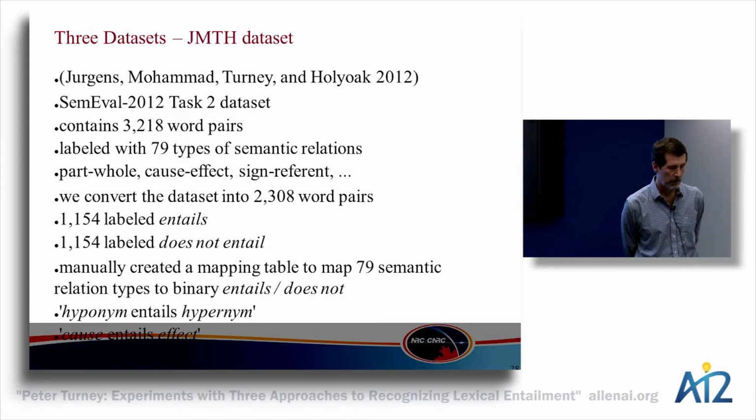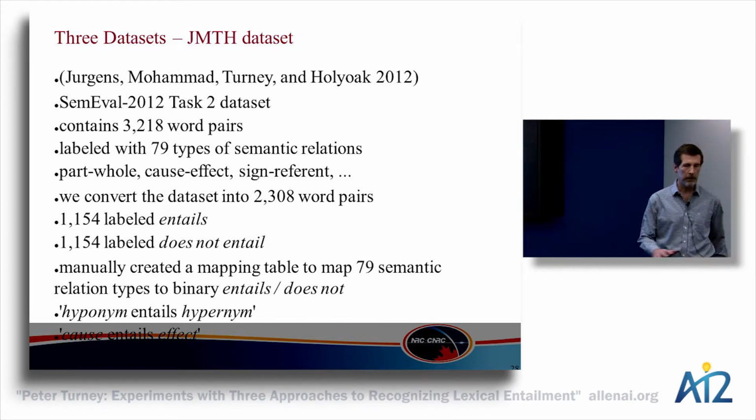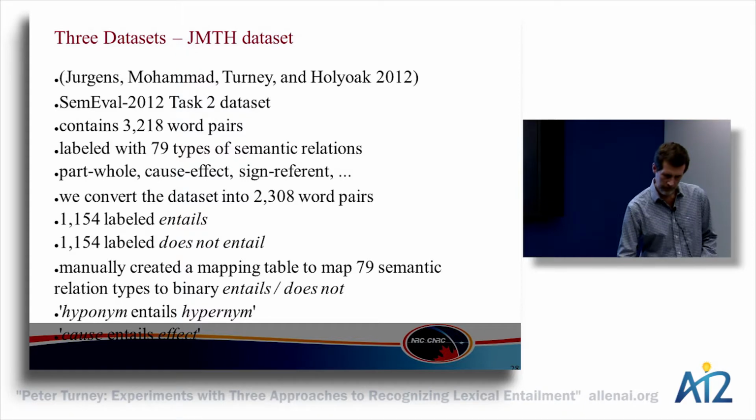So of the three data sets, this is the only one that spans a very wide variety of semantic relations. The Baroni data set is almost all hyponym-hypernym, and the Kotlerman data set is a mix of hypernym-hyponym and part-whole meronym relations. So they span a much narrower range of semantic relations.